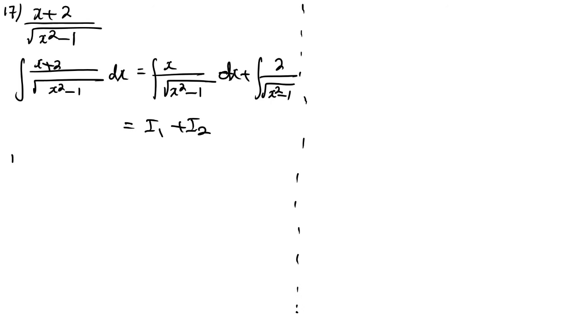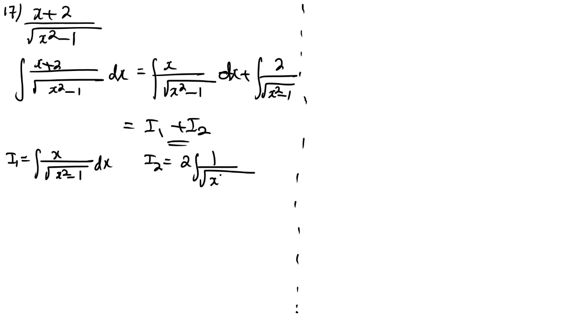What is I1? I1 is equal to integration of x by square root of x square minus 1 into dx, and I2 value is equal to 2 into 1 by square root of x square minus 1 into dx.